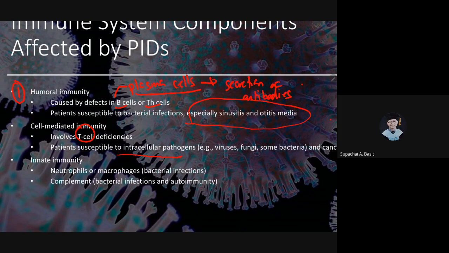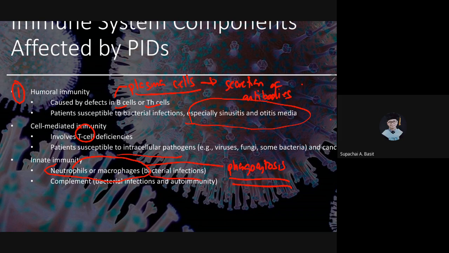Now, when we say innate immunity, this mostly involves neutrophils or macrophages. These two are important for phagocytosis. So the inability of cells to phagocytize foreign materials would result in patients being more susceptible to bacterial infection.